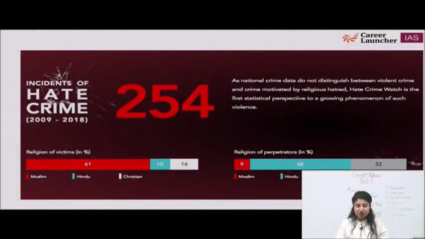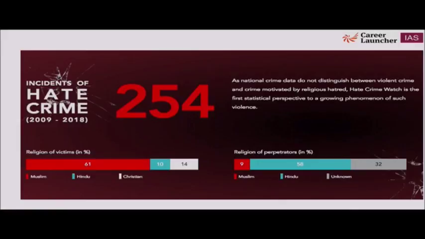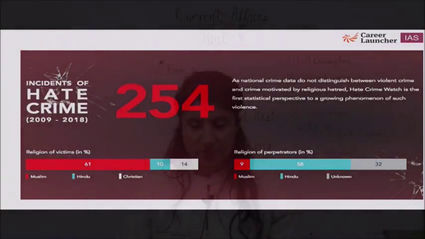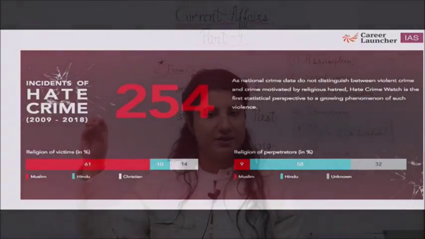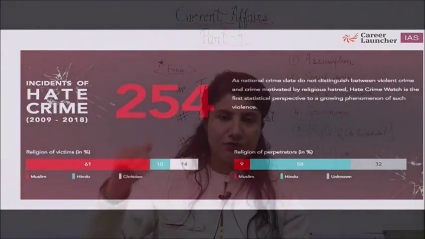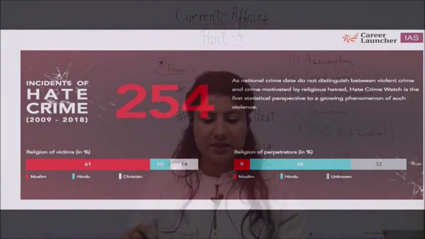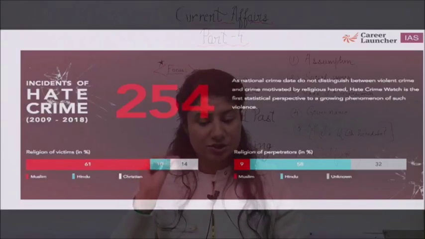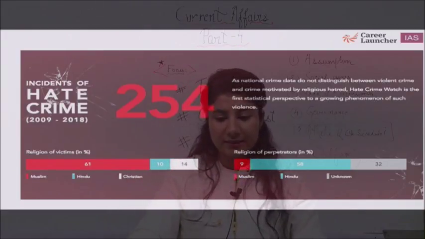National crime data do not distinguish between violent crime and crime motivated by religious hatred. It says this is a crime, fine, it is a crime. But what type of crime is not being highlighted or distinguished by the National Crime Records Bureau.